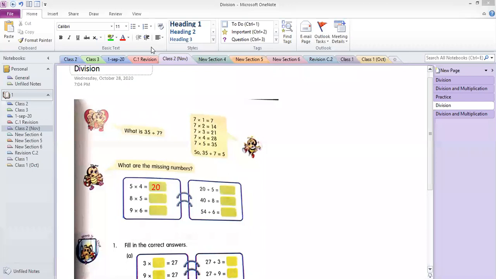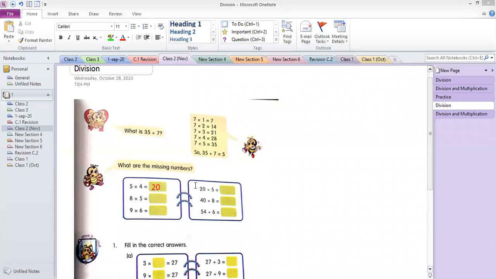Amal. Yes, Amal. If 5 multiplied by 4 equals to 20, can you tell me 20 divided by 5 equals to what? Can you see the screen?